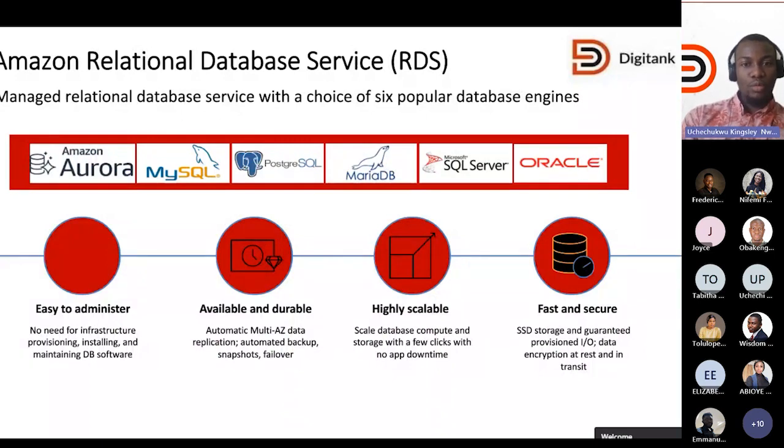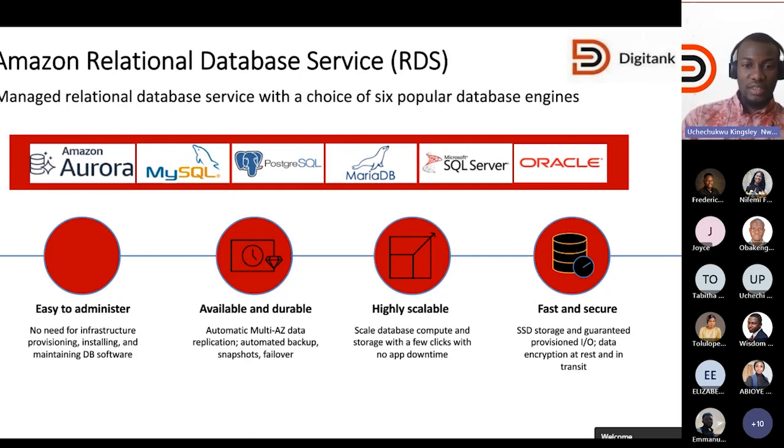So yeah, what is Amazon RDS? Amazon Relational Database is a managed relational database service that offers the choice of popular engines, which is PostgreSQL, MySQL, MariaDB, SQL Server, Oracle, and the likes. And you have Amazon Aurora, right?